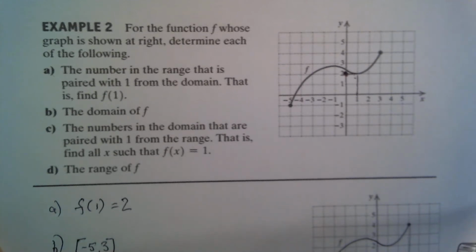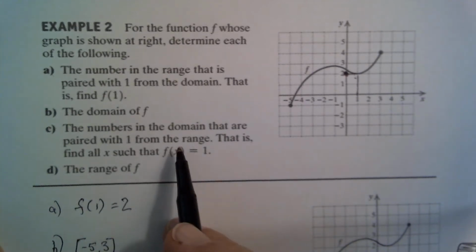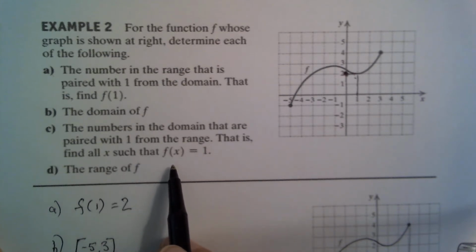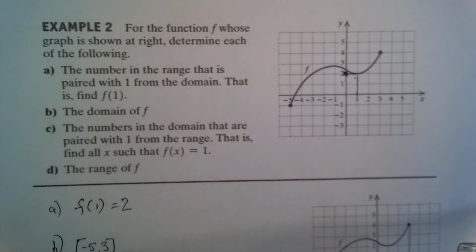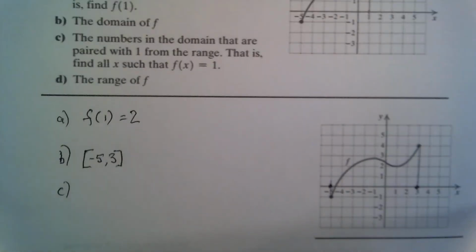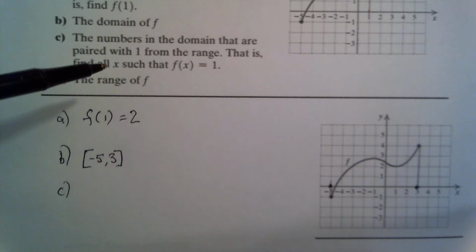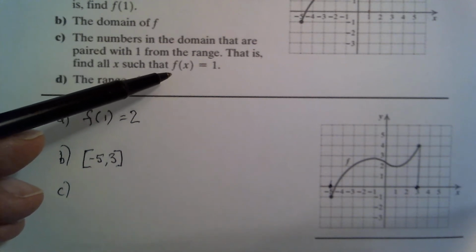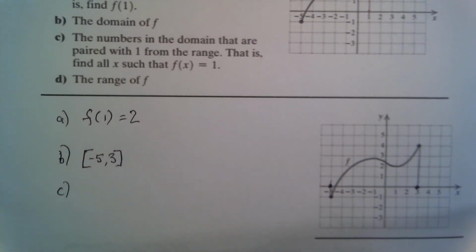And then the C part: the numbers in the domain that are paired with 1 from the range, that is, find all x such that f of x equals 1. We can just use our ruler here and ask, when is f of x equal to 1?